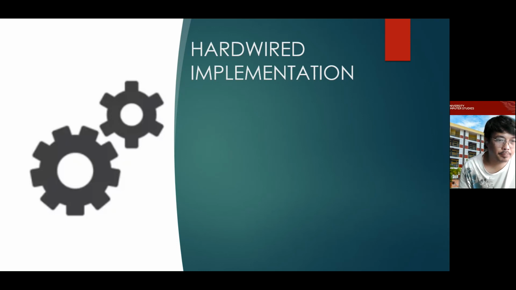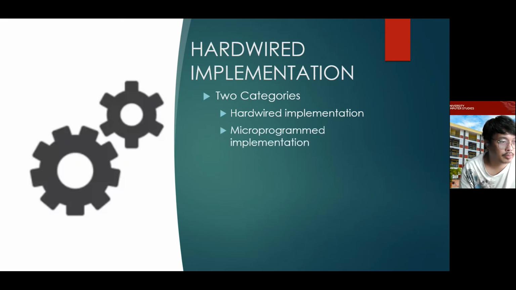A wide variety of techniques have been used, and these techniques fall into one of two categories. Number one, the hardwired implementation, and the microprogram implementation. We will now focus on the first category, the hardwired implementation.